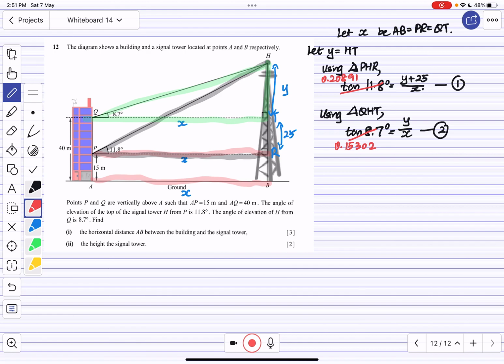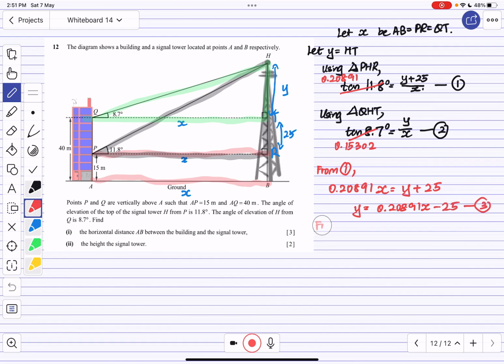Remember, these are just numbers, right? So from equation 1, if I cross multiply, 0.20891 units of X is equal to Y plus 25. Similarly, if I make Y the subject, then Y is just 0.20891x, subtract away 25. This is equation 3.